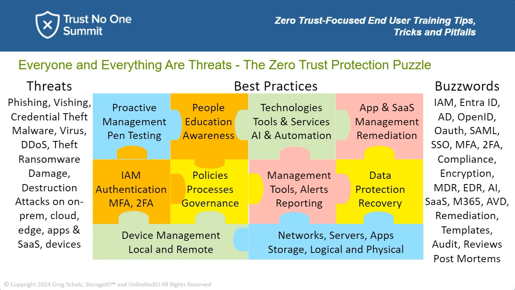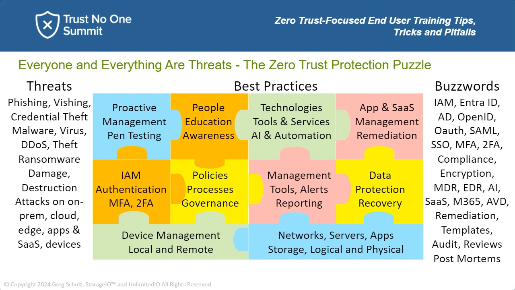Then we have over there in the left middle, identity and access management, authentication, multi-factor authentication, two-factor, policies, processes, governance, management tools, alerts, and reporting, both detection but also diagnostics and remediation.